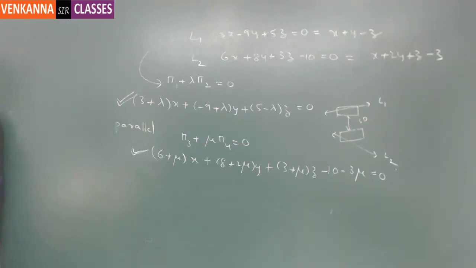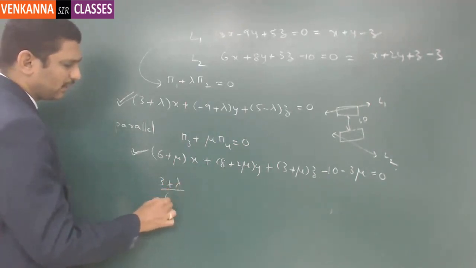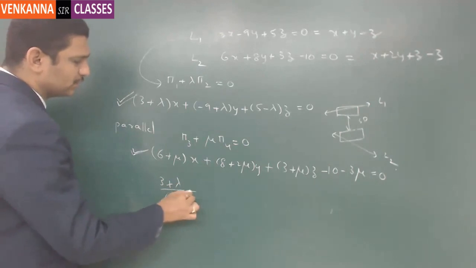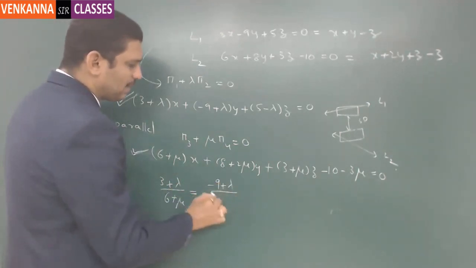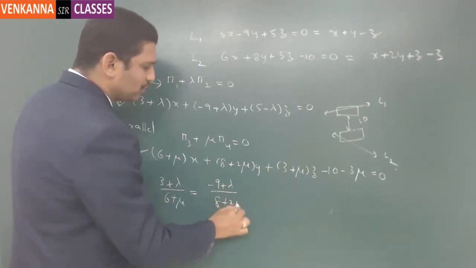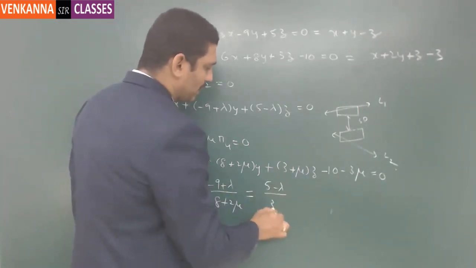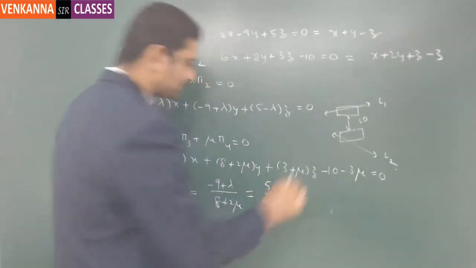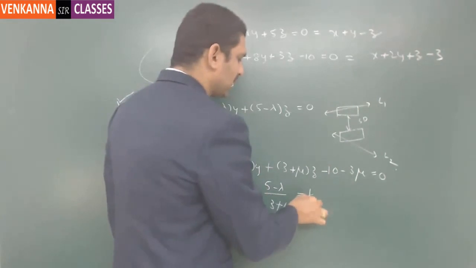If they are parallel, the coefficients are proportional, so (3 plus lambda) by (6 plus mu) equals (-9 plus lambda) by (8 plus 2 mu) equals (5 minus lambda) by (3 plus mu), which equals the proportionality constant k.